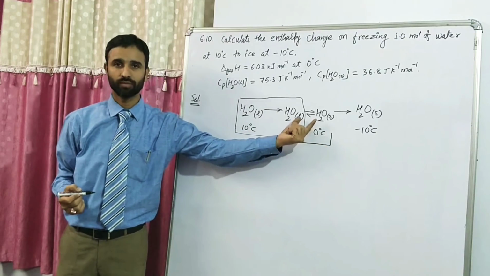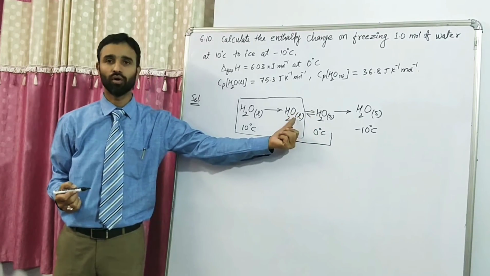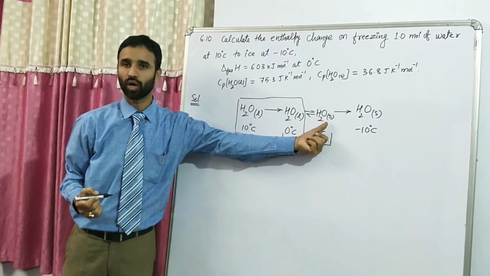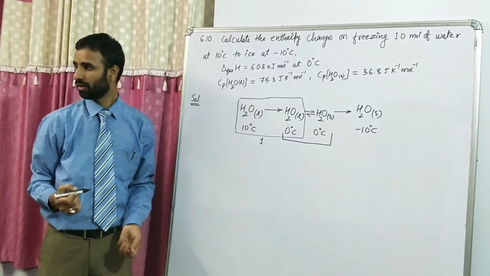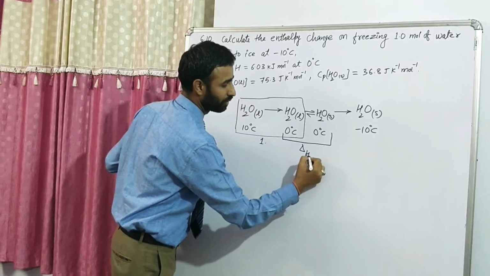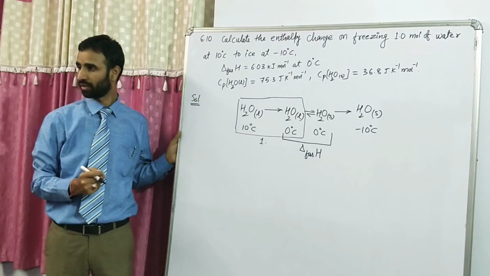What is this process? The amount of enthalpy change when 1 mole of liquid is converted into 1 mole of solid at its melting point. That is called enthalpy of fusion.